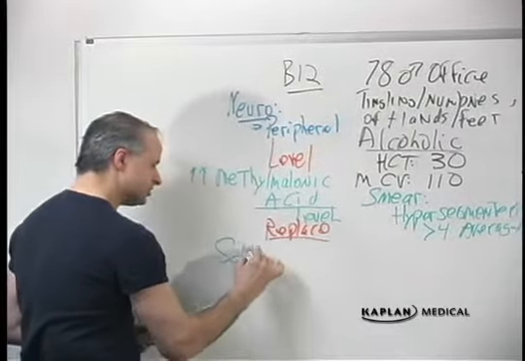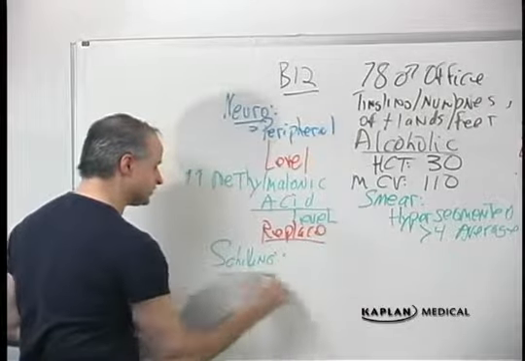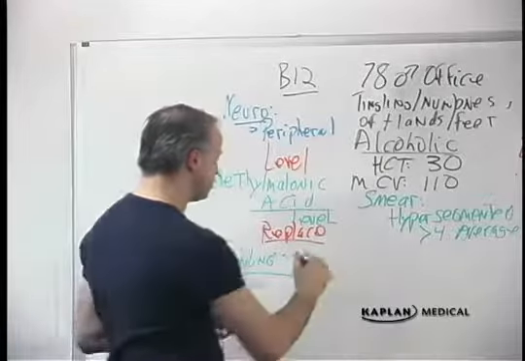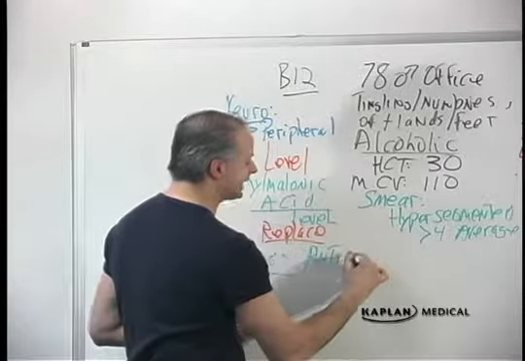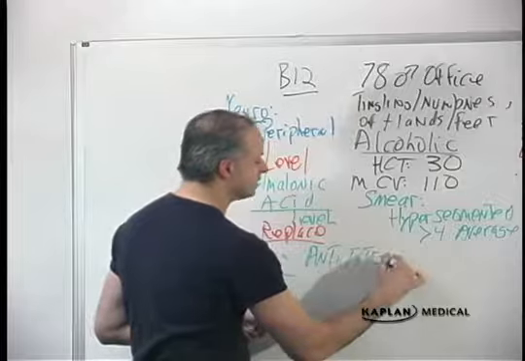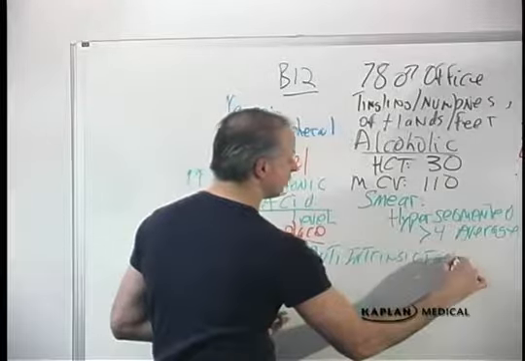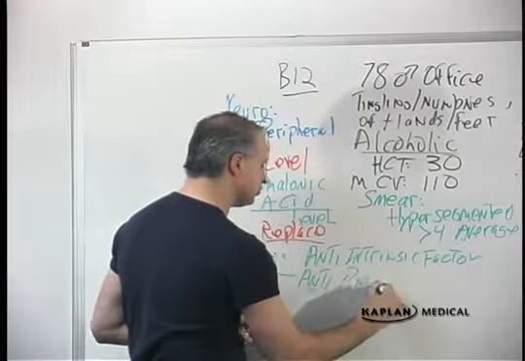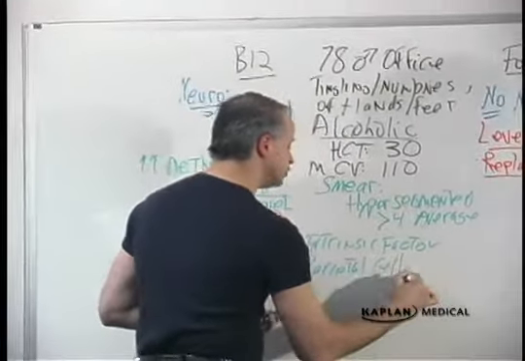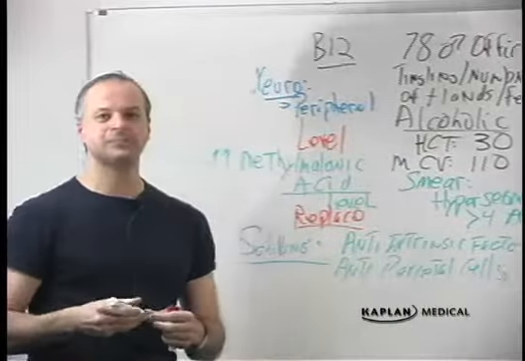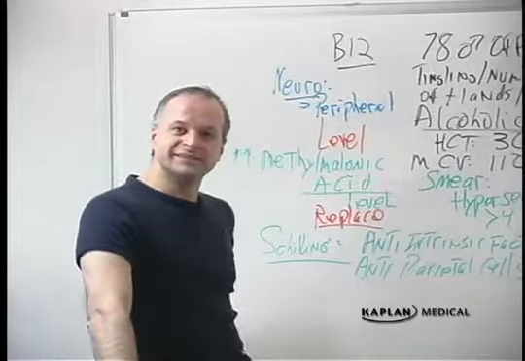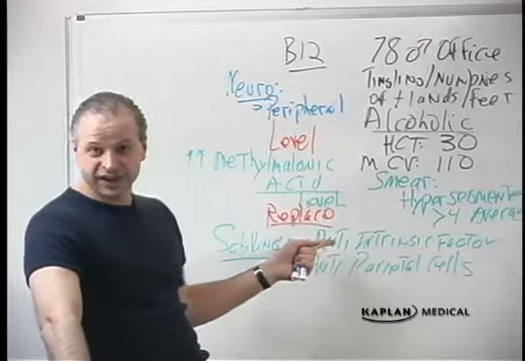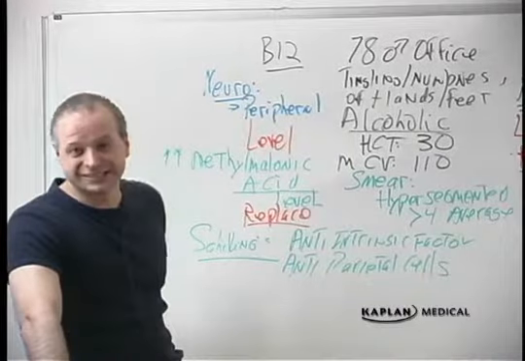Now, Schilling's test is one of the least useful tests because Schilling's test has largely been replaced by antibodies against intrinsic factor and parietal cells. In other words, I don't need to do a long, cumbersome, complex Schilling's test when I can simply measure the levels in the bloodstream of antibodies against intrinsic factor and antibodies against parietal cells.